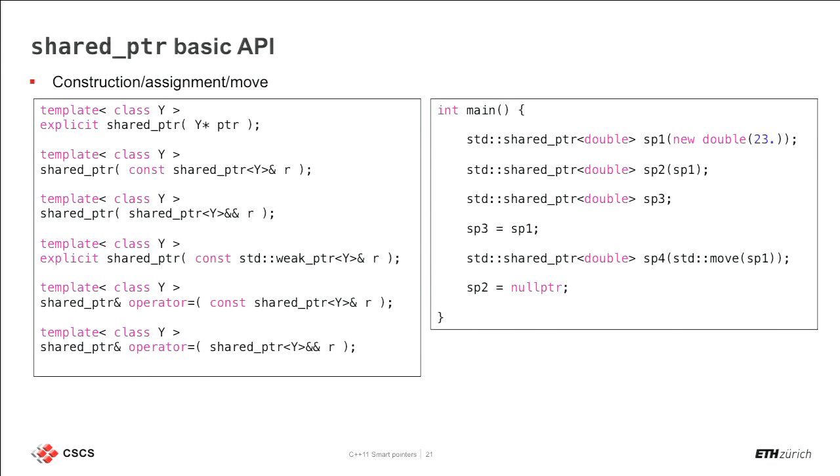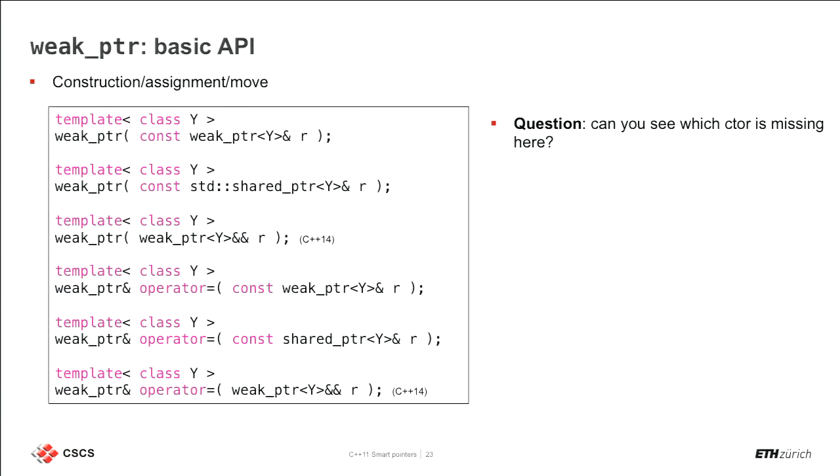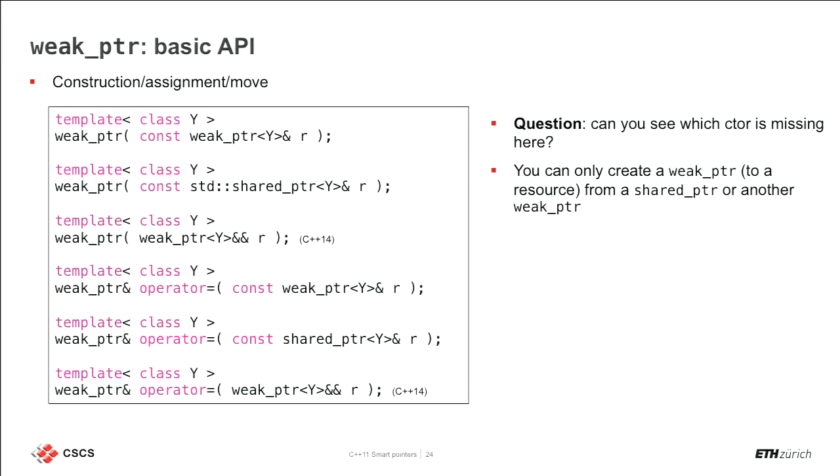Basically, if you have a look here, we have this constructor which takes in input the raw pointer of the same type, but here you don't have the same constructor. It is completely missing, because you can only create a weak pointer to a given resource, to a given memory allocation, only starting from a shared pointer or using another weak pointer.